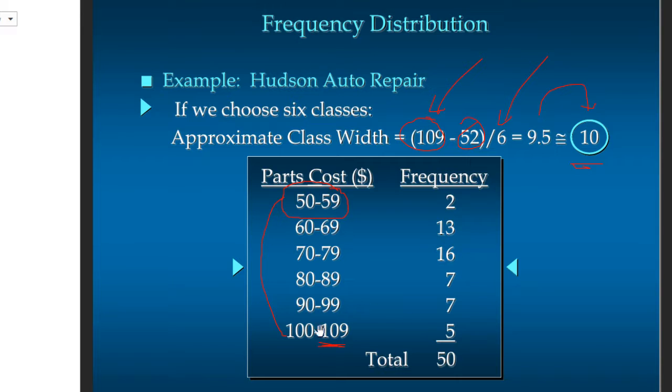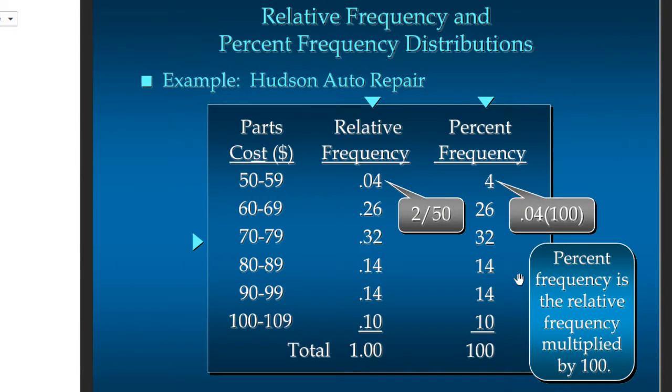And data values, for example, between 100 and 109, you have 5 of them. Now, if you add all these frequencies, you know it's going to be 50, because we had 50 different data points, right?